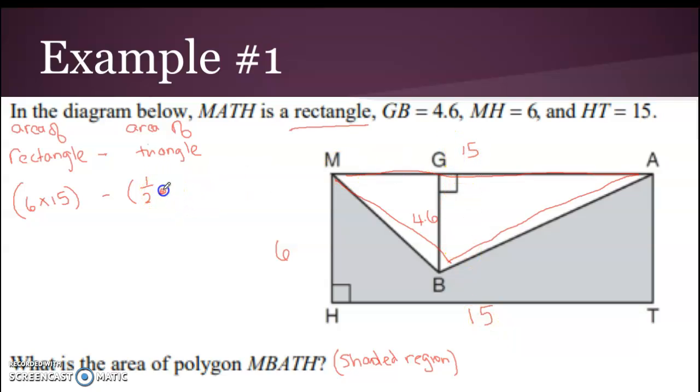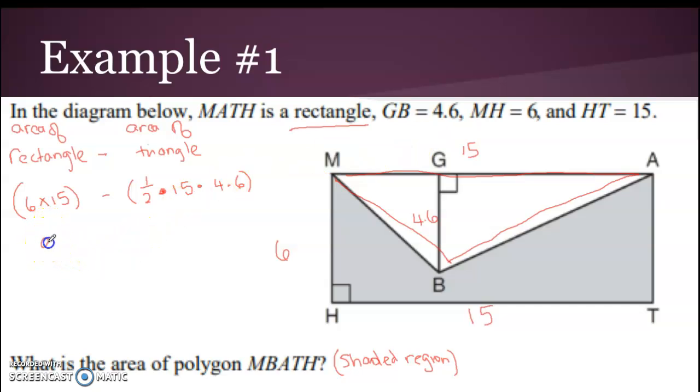So half the base is 15, and the height was given as 4.6. What I want you now to do is go ahead, take your calculators, and do the actual multiplication. So 6 times 15, and then half times 15 times 4.6. So go ahead, try those first before I put the answers up.